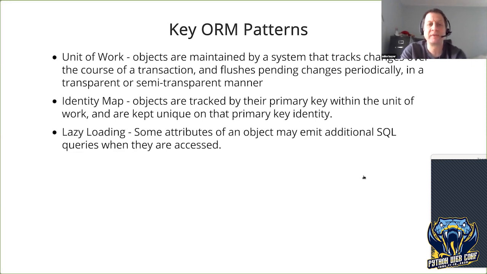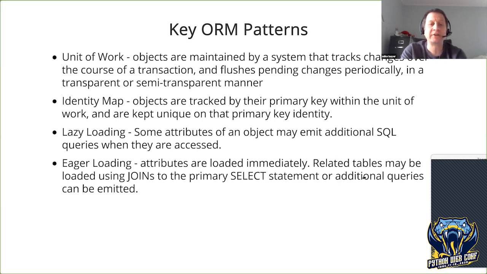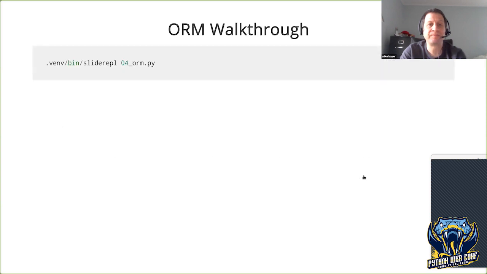Lazy loading: some attributes of an object may emit additional SQL queries when they're accessed. Eager loading: attributes are loaded immediately. Related tables may be loaded using joins, so the primary select statement or additional queries can be emitted. And then we go to the ORM walkthrough.